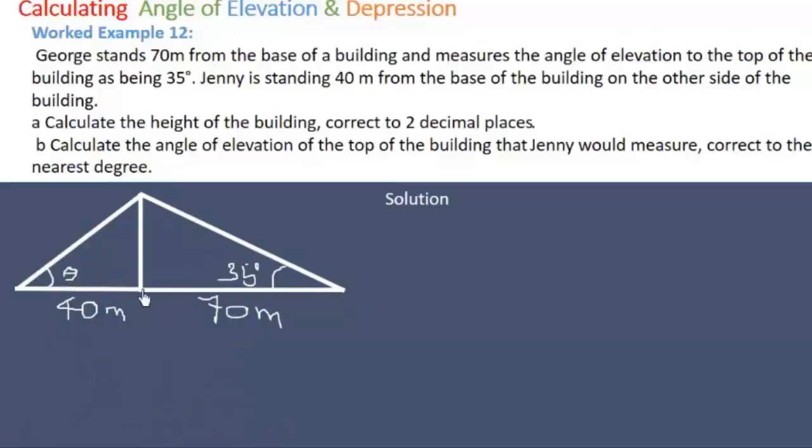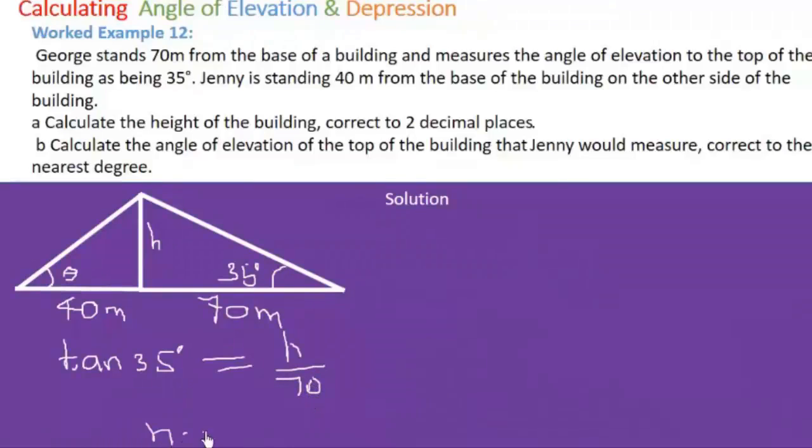Now we are asked to calculate the height of the building. So this also involves the tangent ratio. So we have tan 35 degrees will be equal to the opposite, which is h over 70.